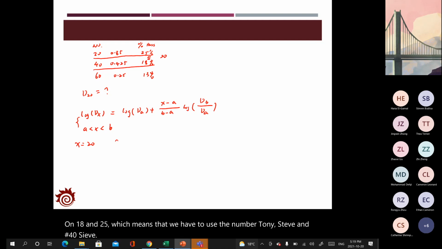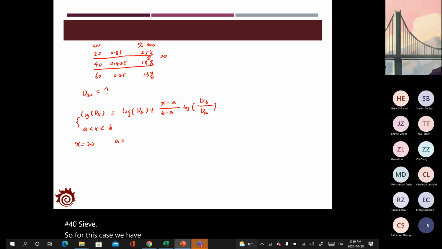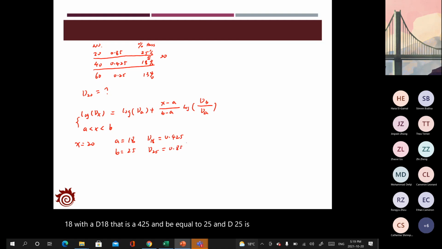So we have A equal to 18, with D18 being 0.425, and B equal to 25, with D25 being 0.85. We put this information into the equation.